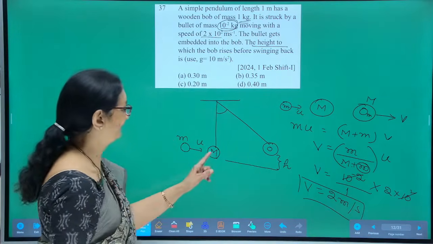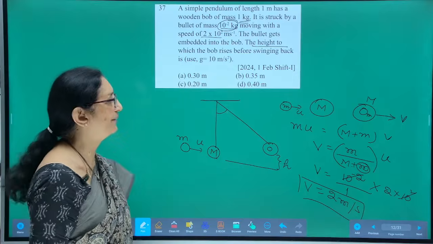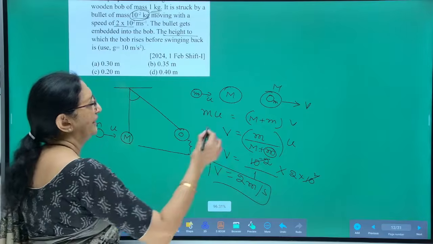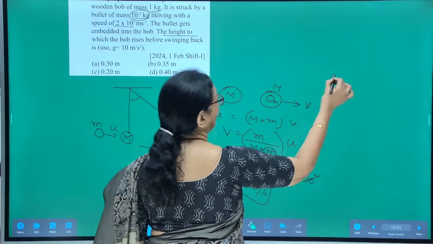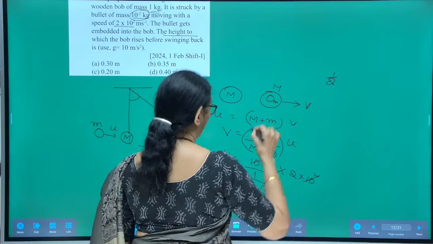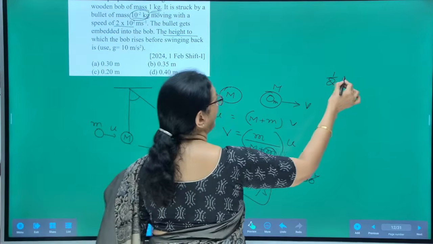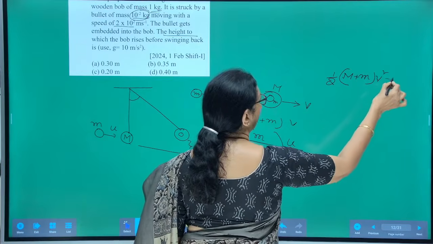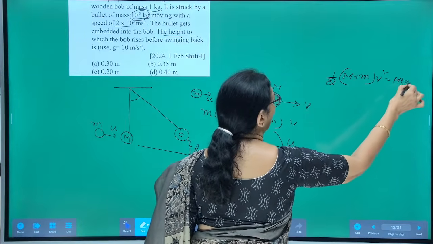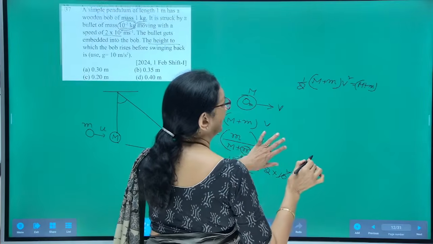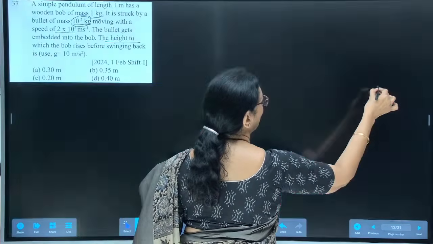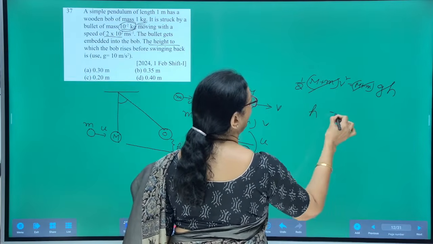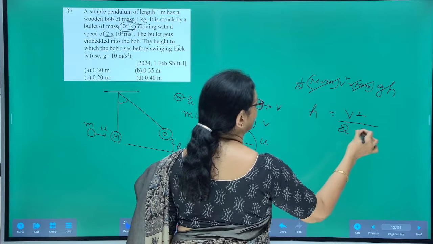So, with that velocity, to what maximum height does it rise? From the law of conservation of energy, the system can go to a maximum height till its entire kinetic energy is lost. Half mv square is equal to mgh, from which h is equal to v square by 2g, right.